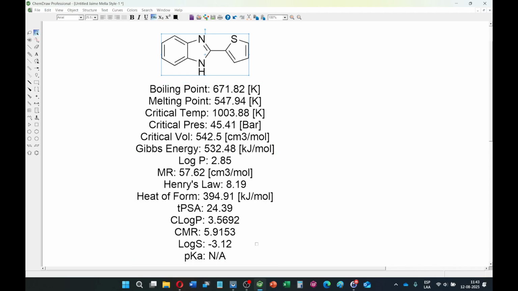Look at 5.9, that is, it is almost 6. Now, sorry, I told you 500. I think I told you 500, rectify it, 50. There, yes. Though in this case, 5.9 is a high refractivity.